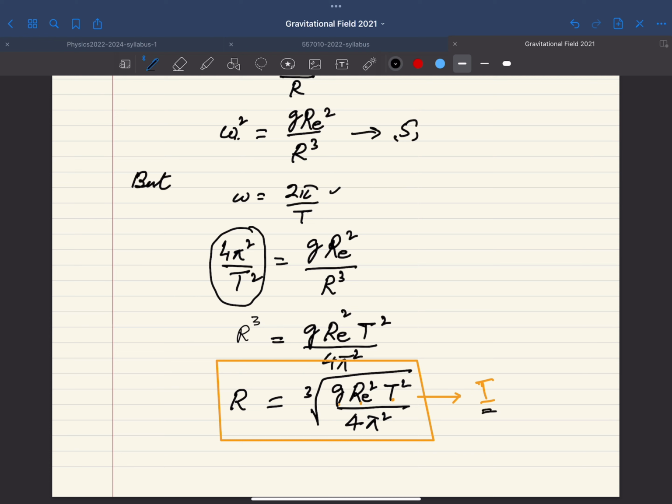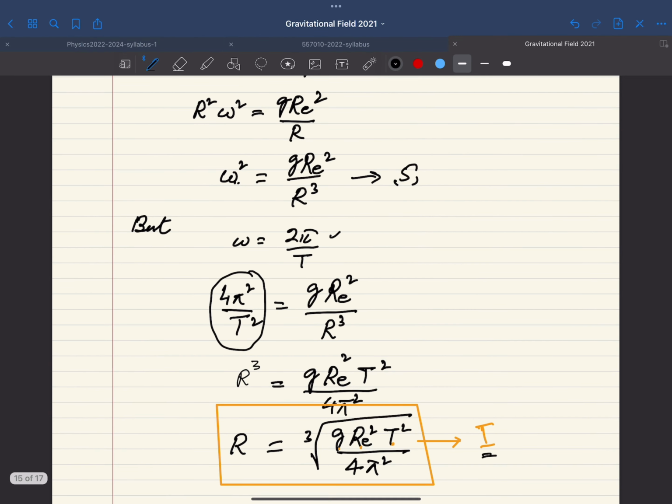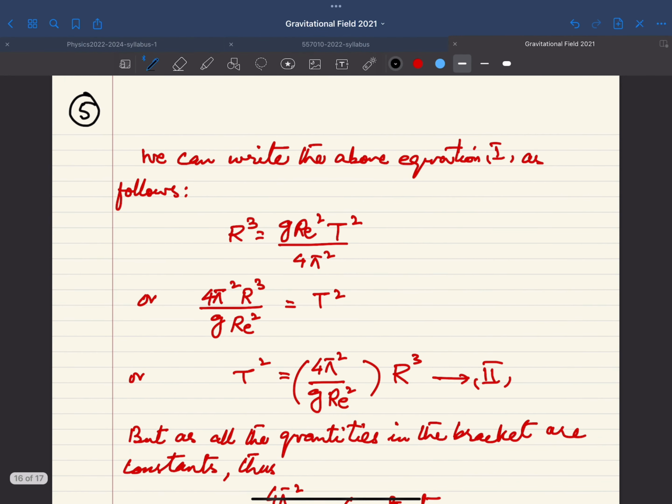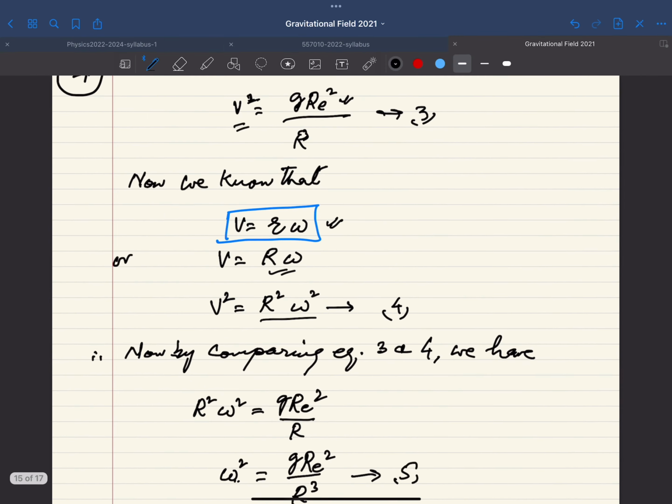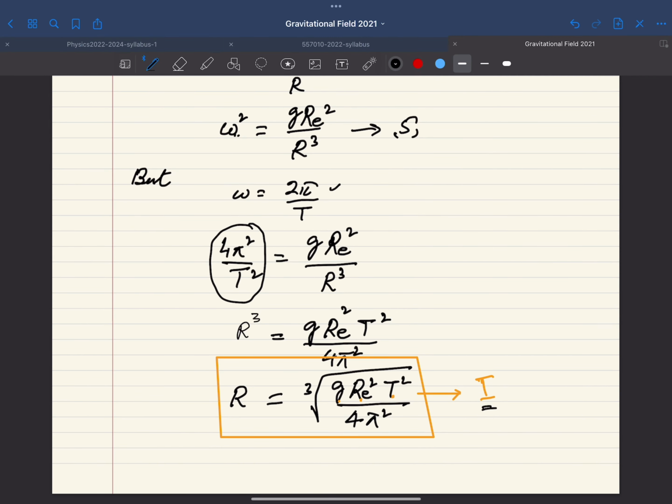R is equal to the cube root of g RE square T square over 4 pi square. This equation gives you the relation, and you can calculate this R as well.